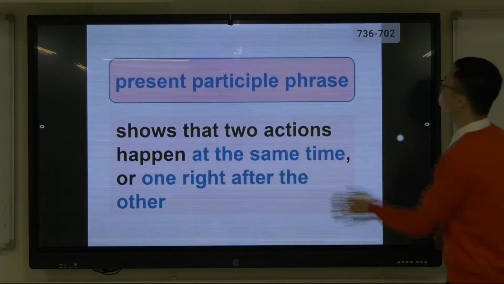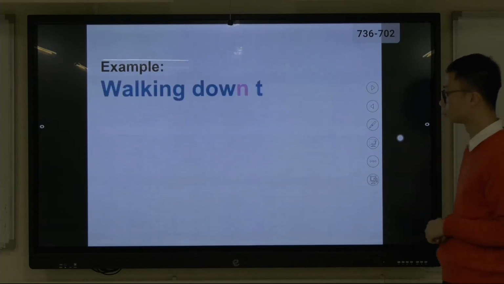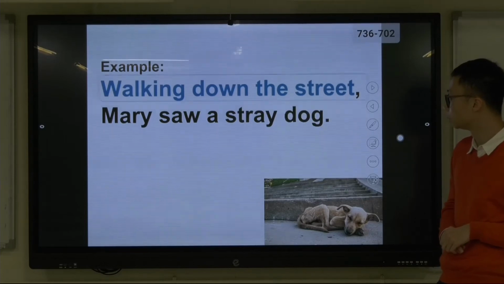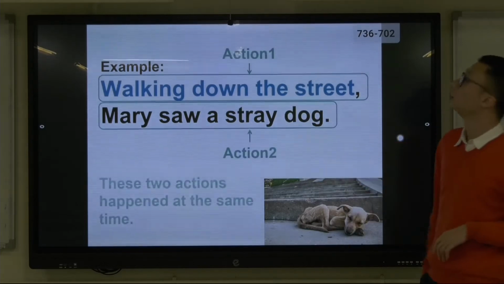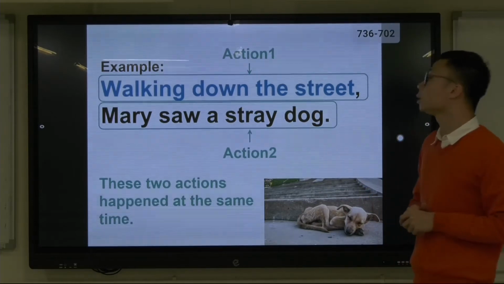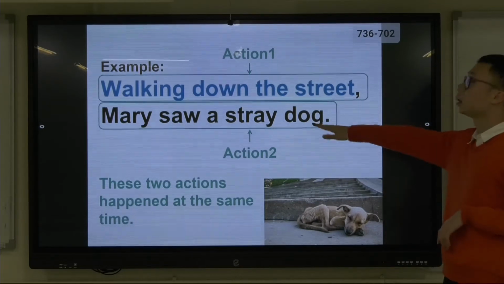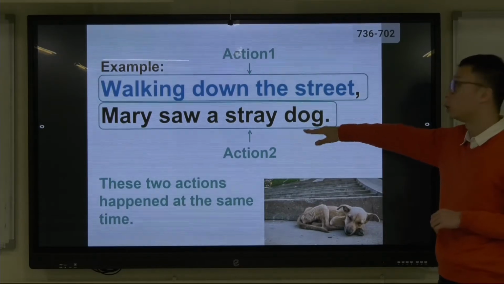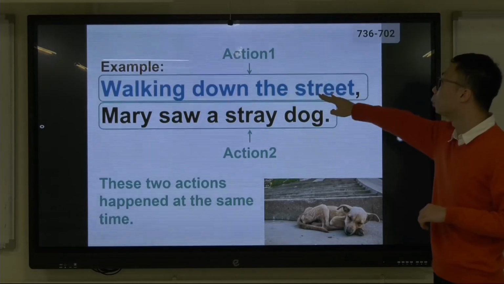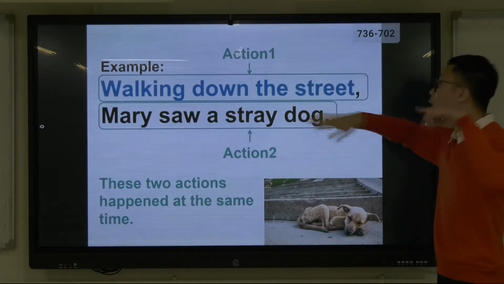Now look at an example. Let's read it together, class. Walking down the street, Mary saw a stray dog. Stray dog here means 流浪狗. In this one, we break it down. The blue part is action 1, 第一個動作.